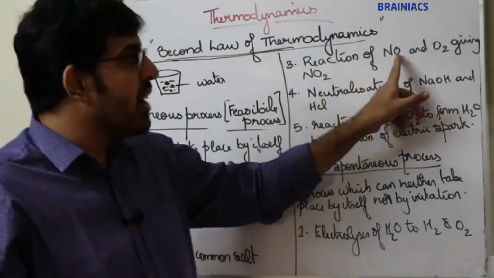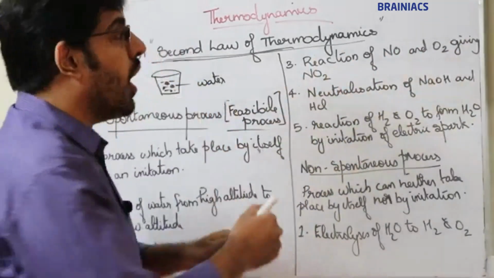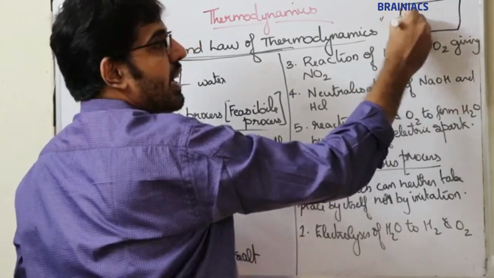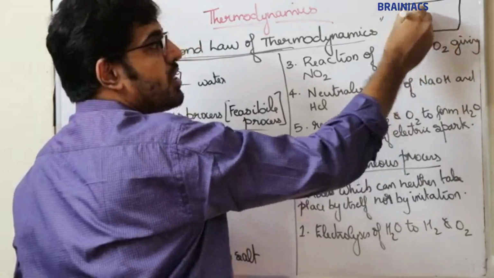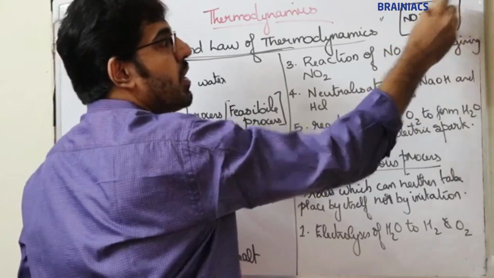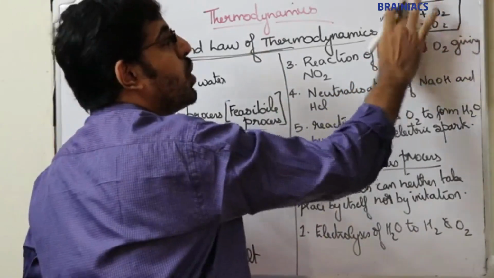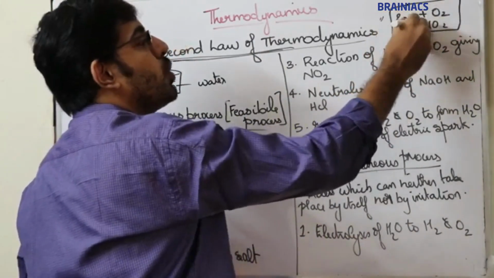Next, the reaction of NO and O2 giving NO2. Now I'm taking a closed cylinder filled with NO, nitric oxide, and O2. By itself they react to form NO2: 2NO plus O2 giving 2NO2.